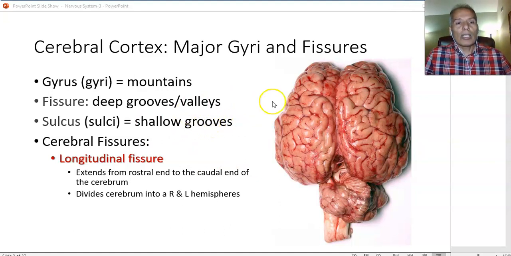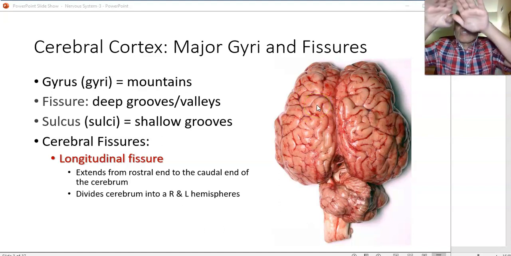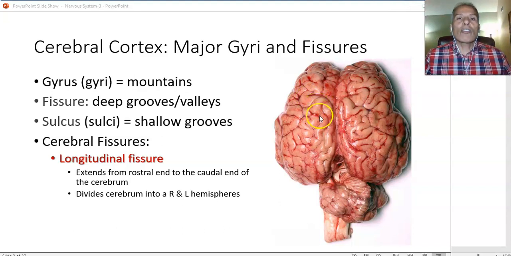When you look at the brain, you notice the cerebral cortex is folded and convoluted. The areas that are protruding up are called gyri; one is a gyrus. The areas between gyri, these little valleys, are called sulci; one is called a sulcus.